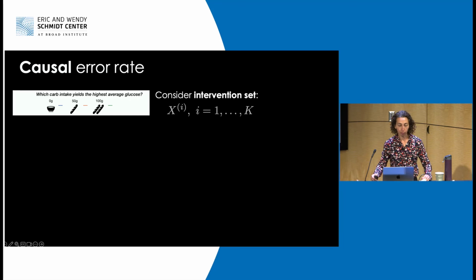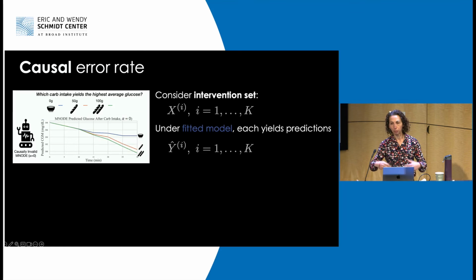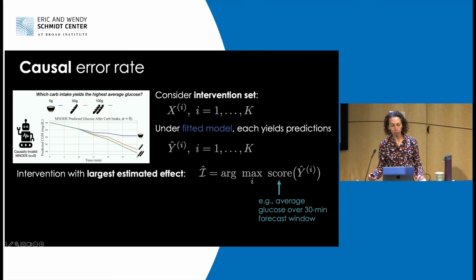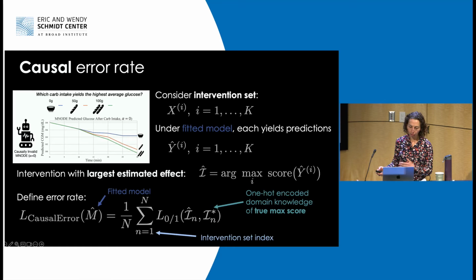For each one of these interventions in this set, we form our counterfactual simulation under our trained model and use this to derive which intervention has the largest estimated effect. To form our causal error rate, we're simply looking at an average over all the different intervention sets where we have some domain knowledge about these rankings and asking how many times the estimated max impact intervention does not agree with our ground truth domain knowledge.